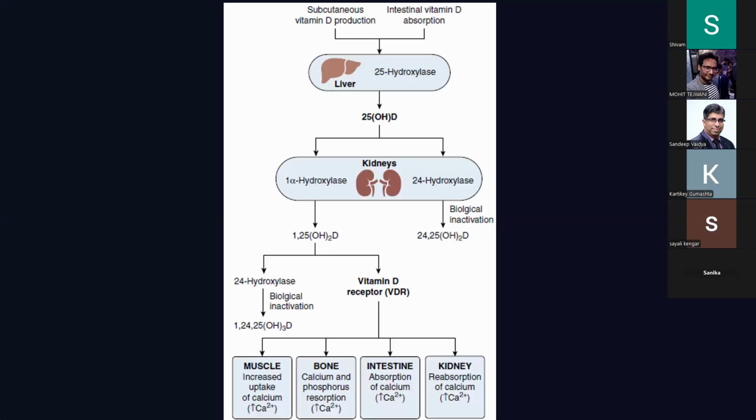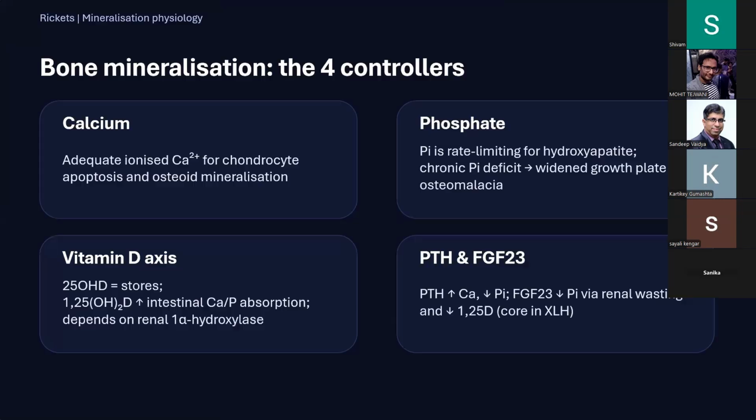That is the active metabolite, and it binds to the vitamin D receptors and causes its action in the bone, muscle, intestine, and kidneys, where it increases calcium and phosphorus absorption and reabsorption. So, bone mineralization basically has four controllers.